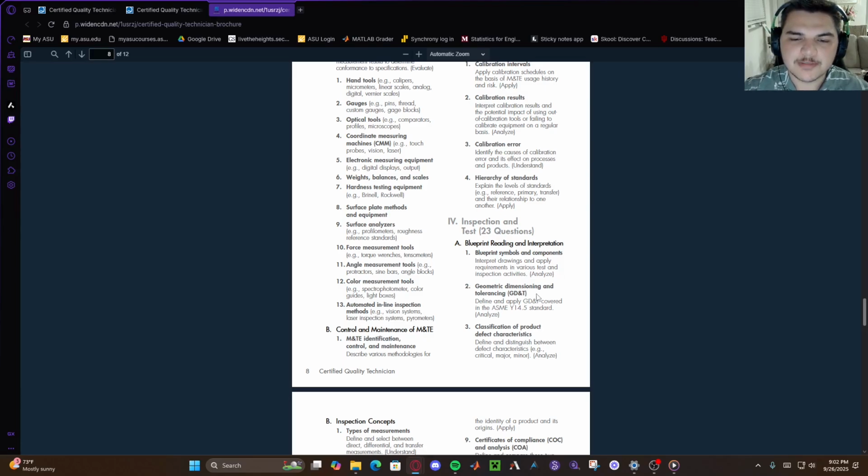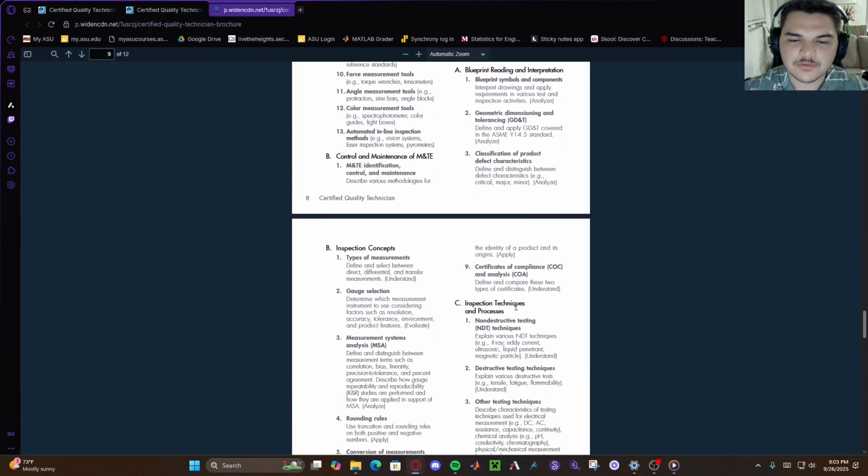The geometric dimensioning and tolerancing, if you do not know those symbols, if you do not know how that applies, it's going to be difficult to pass this particular portion of the exam. I don't think it's too difficult, and if you have any background in manufacturing where GD&T is used, it is pretty easy once you've got the hang of it.